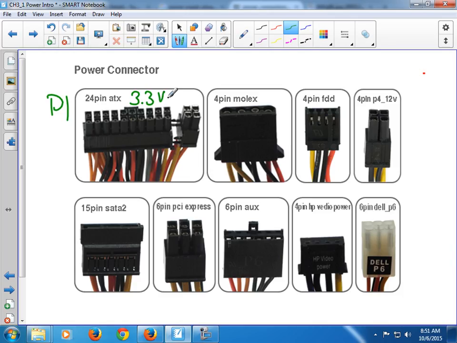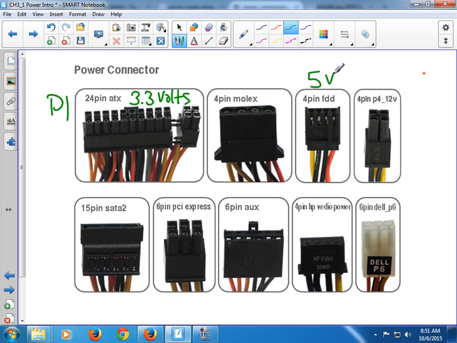So this is 3.3 volts. Your P1 connector is 3.3 volts. And I said everything else is a 12 volt, and I lied. The floppy drive one is 5 volts.